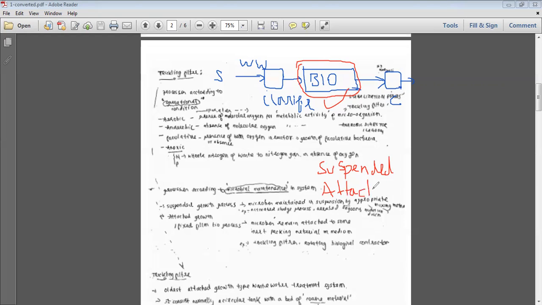This is the core principle of how you can provide a biological treatment unit.